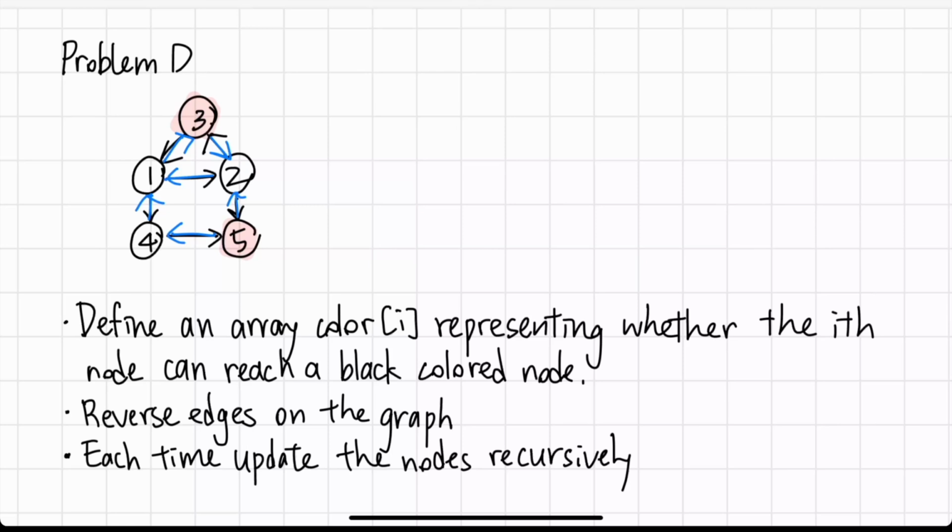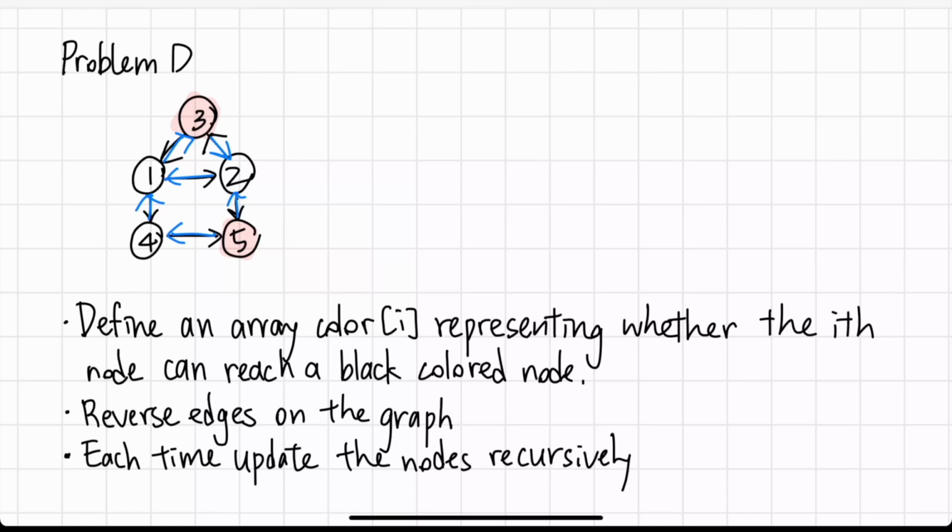For each time, we can just recursively update until the vertex that we're currently updating is already colored black. Then that means that it is already updated previously, so there's no need to update this time. This ensures that every node is only updated at most once, so it will not take too long.